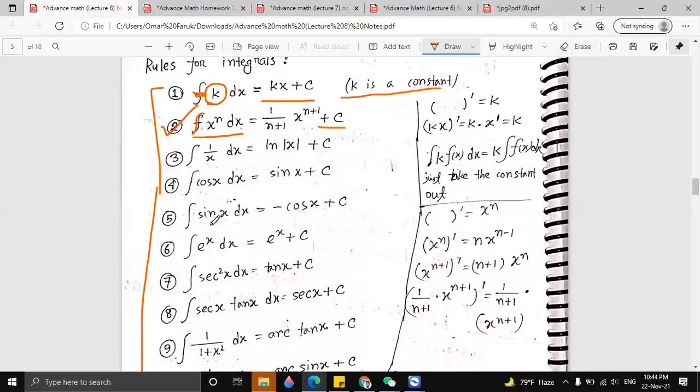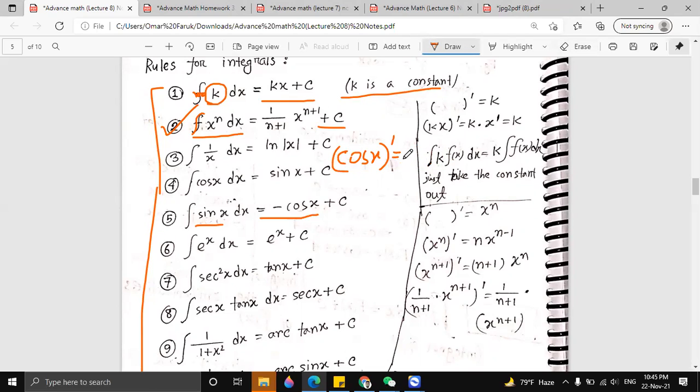And integration of sin x dx will be minus cos x. Why? From the derivative formula, we know that the derivative of cos x is equal to minus sin x.